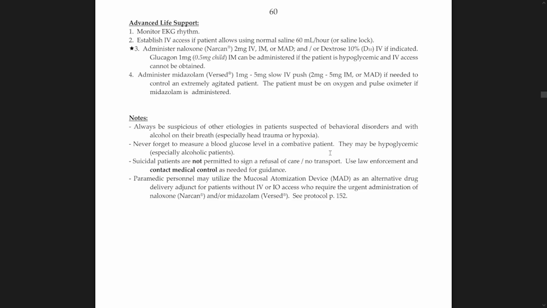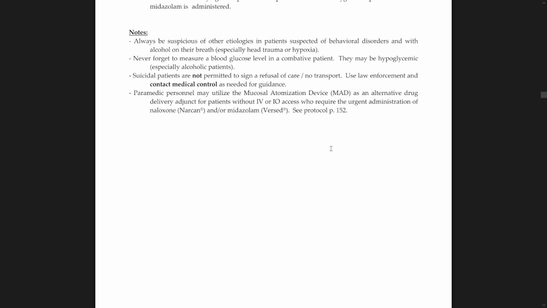Use law enforcement and contact medical control as needed for guidance. Paramedic personnel may utilize the mucosal atomizer device as an alternative drug delivery adjunct for patients without IV or IO access who require the urgent administration of Narcan or midazolam Versed. See protocol on page 152.